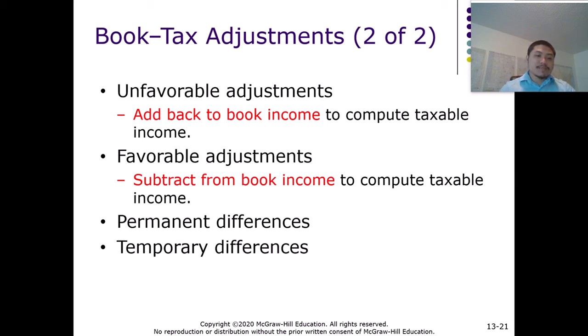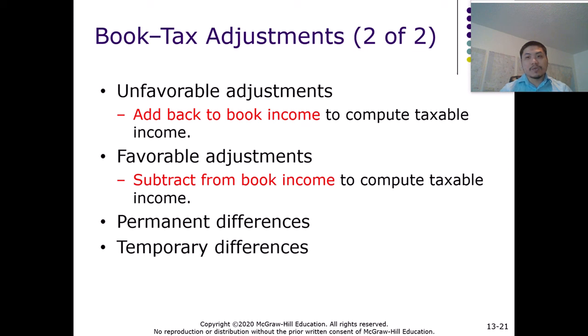On top of that, there are permanent differences and temporary differences. Permanent differences mean the difference between book and tax is permanent. There's no way it's going to disappear. For example, income from municipal bonds, municipal bond interest income.